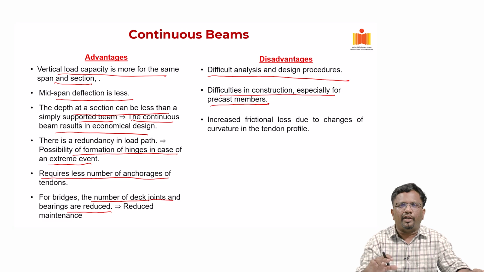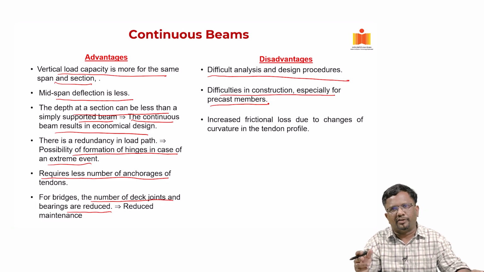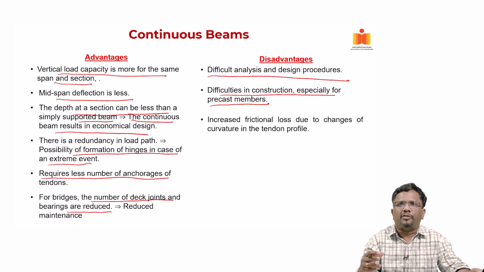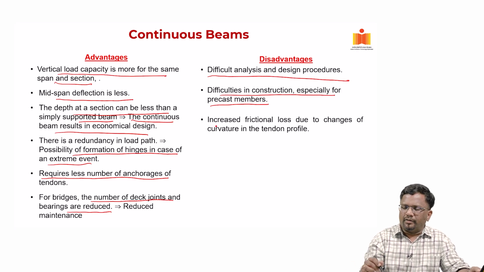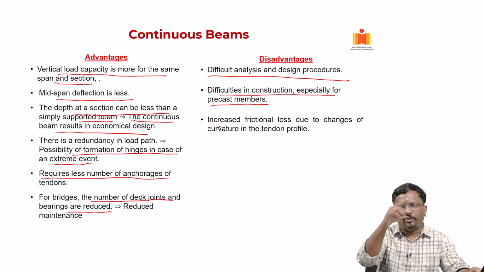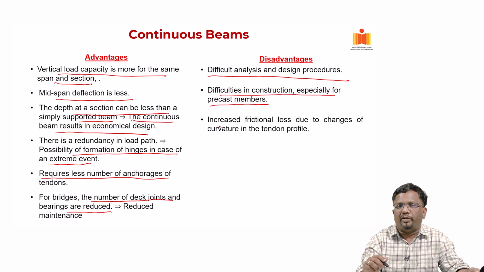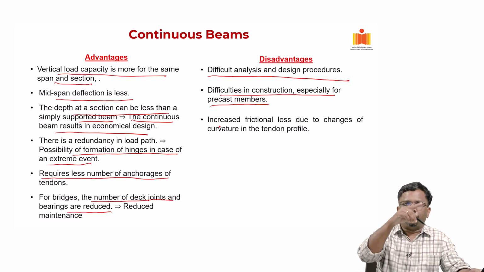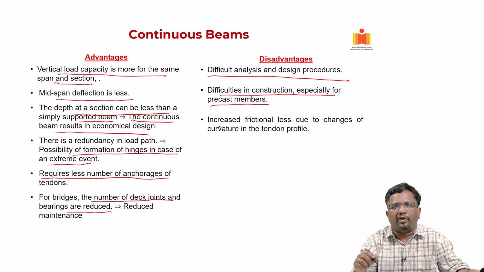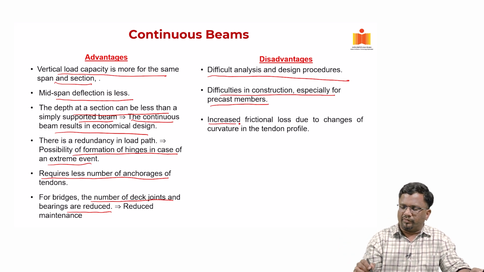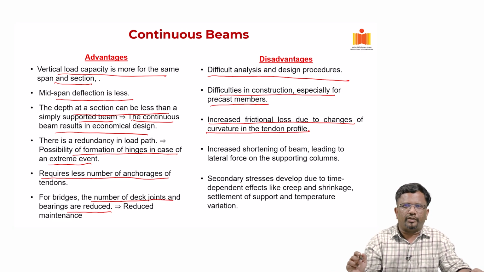But if you are combining precast and cast in place for a continuous system, then the difficulties in construction increase. Another disadvantage, particularly valid for a girder where you need to change the curvature profile of the tendon over a large number of spans, is that your friction losses will be high due to the change in the curvature of your tendon profile.